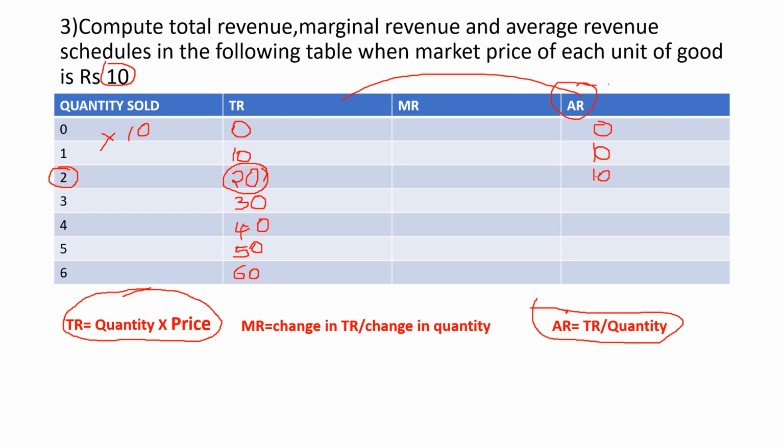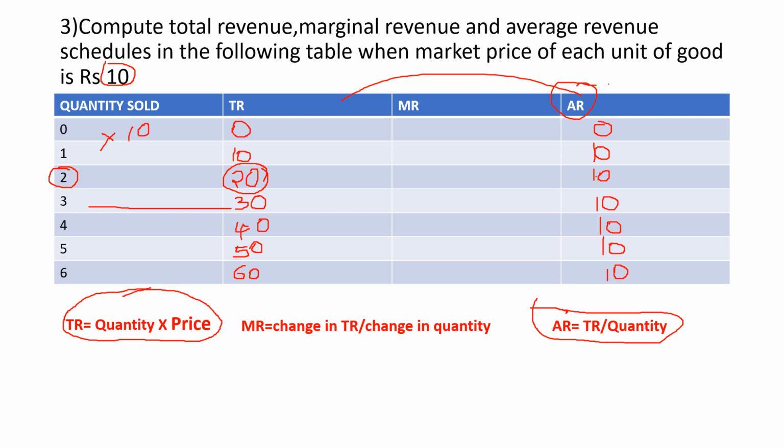Next, 30 divided by 3, total revenue divided by the respective quantity. 30 divided by 3 is again 10. Then 40 divided by 4, this is also 10. Then 50 divided by 5, this is again 10. 60 divided by 6, that is also 10.